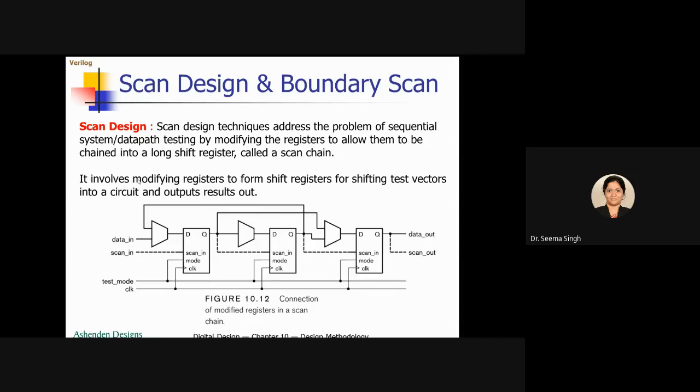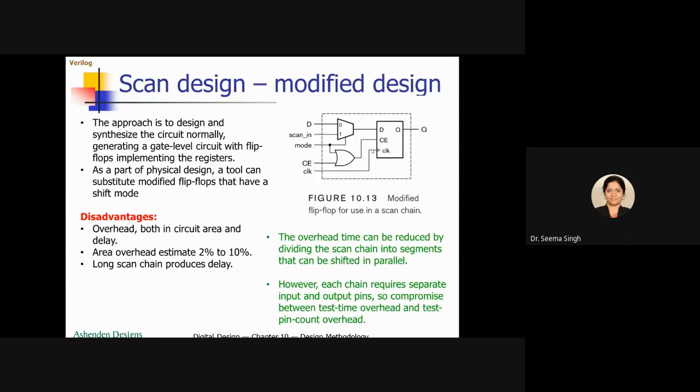In the last class I showed you that circuit about the modifying register, how a D flip-flop or D register is modified to make it testable. So what you had seen was this. This is your D flip-flop, and how it is modified to be used in a scan chain. You saw that along with this D flip-flop, you have a mux here, a 2:1 mux.